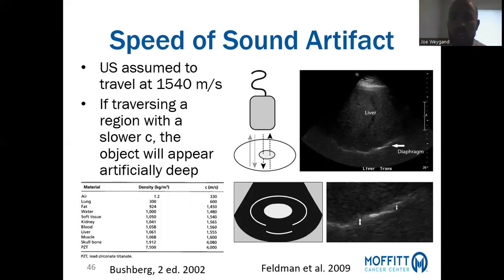This is shown here in this figure on the right, where the diaphragm, which is a continuous structure, looks kind of discontinuous based on which part of the diaphragm is distal to the liver, right? Because the liver contains fat, so it will have a slightly smaller speed of sound.